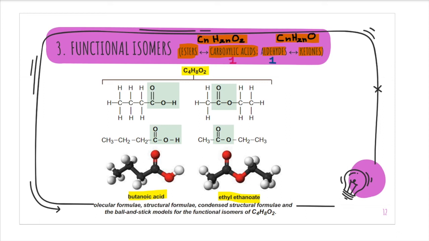But when we name the compound, we can clearly see that the suffix, the ending of the names, are different because they belong to different homologous series. The one is a carboxylic acid because the functional group, the carboxyl group, falls on the first carbon. The other is an ester because its functional group is somewhere in the middle of the compound.